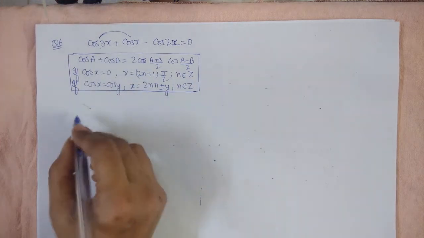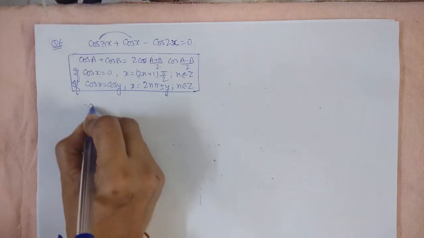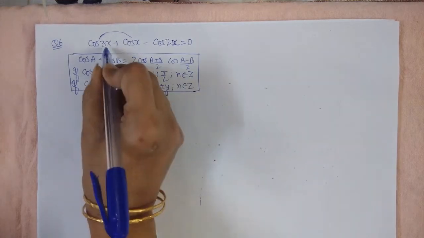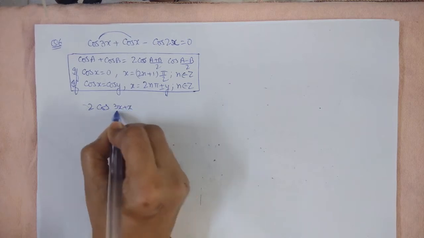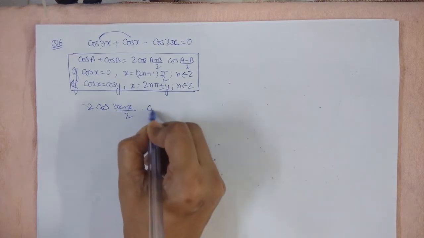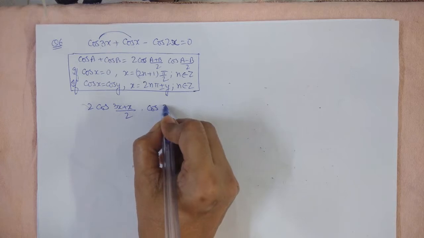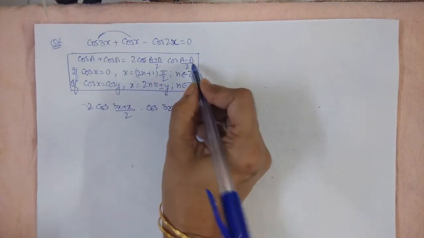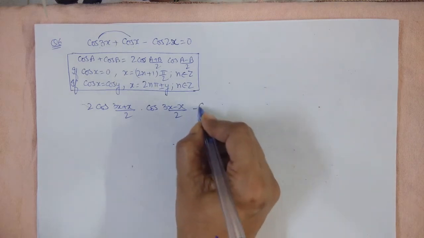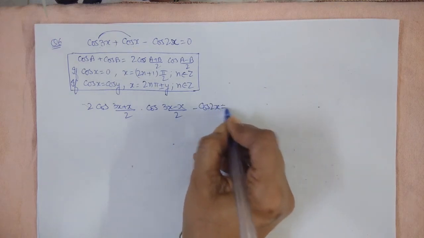So cos A plus cos B will become 2 cos ((3x plus x) upon 2) multiplied by cos ((3x minus x) upon 2). Use this identity, and minus cos 2x is already there.